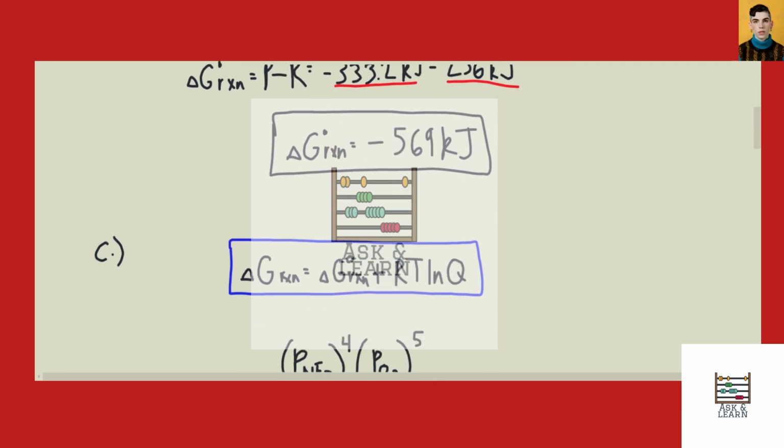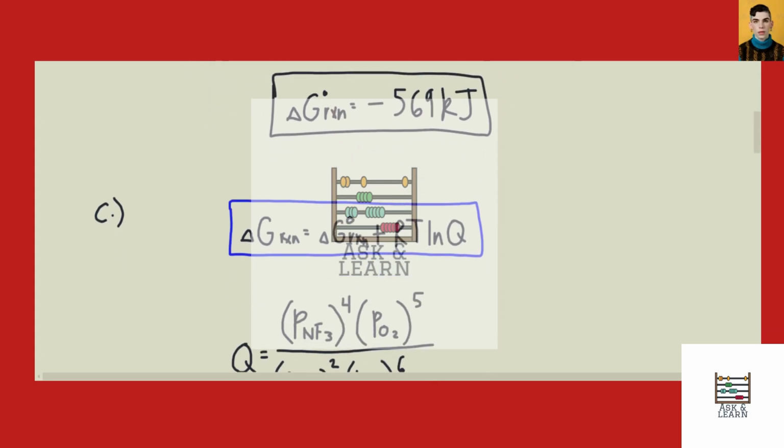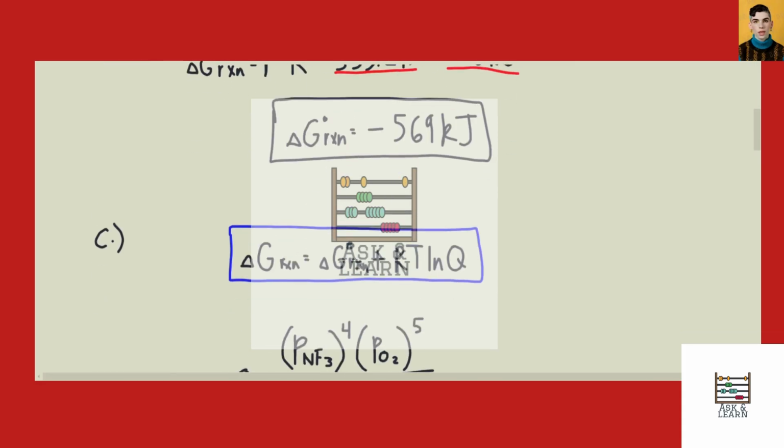In part C, we want to use that value that we just calculated in order to find the change in Gibbs free energy at new reaction conditions. So this is the equation that we use in order to do that. And we are told the temperature, and we know R is a constant. We just solve for the change in Gibbs free energy of the reaction at standard conditions. So all we need to find is Q, the reaction quotient.